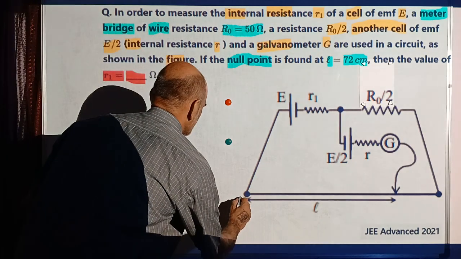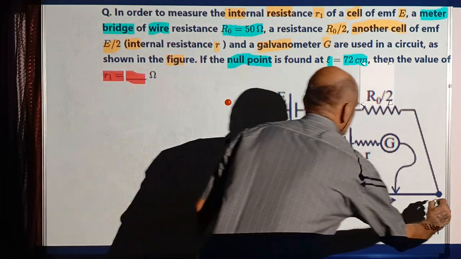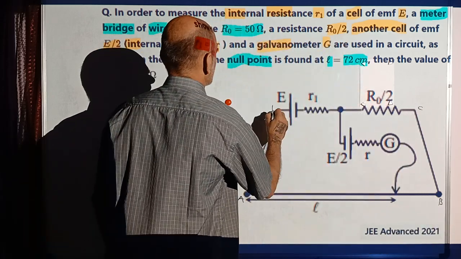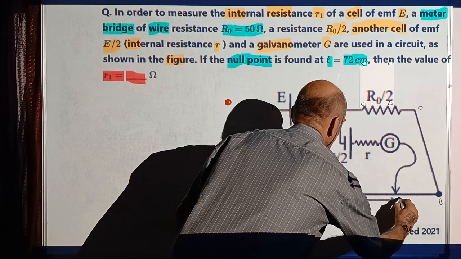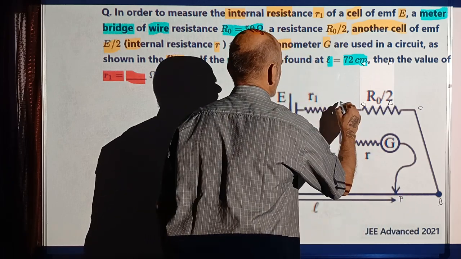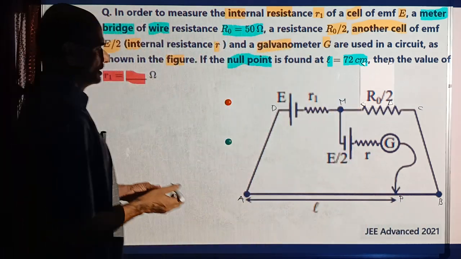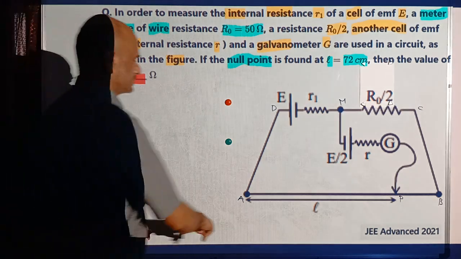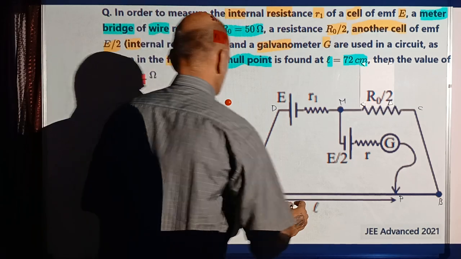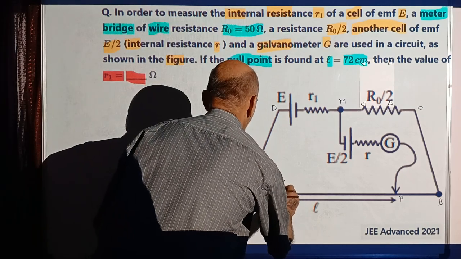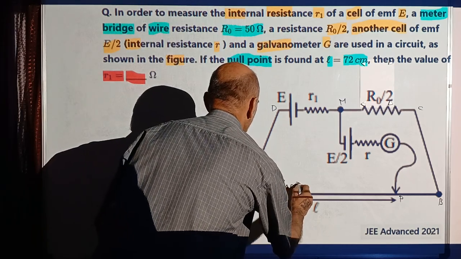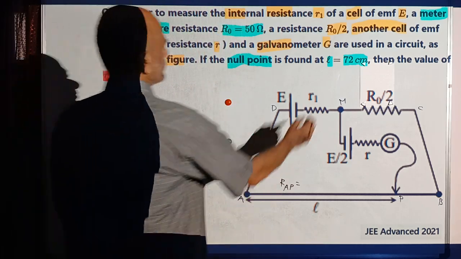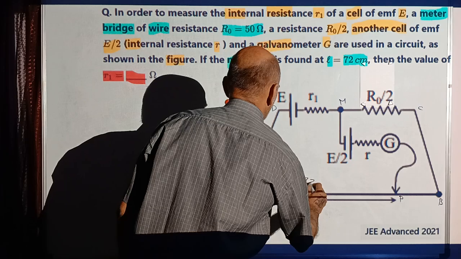Let me call this point as point A, B, C, D, and this point as P, and this point as M. The resistance of the part of the wire A to P is proportional to the length, that is L, which is 72 centimeter, divided by the total length.